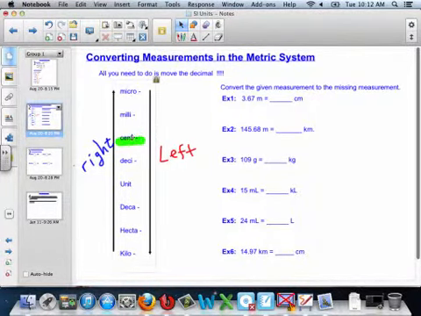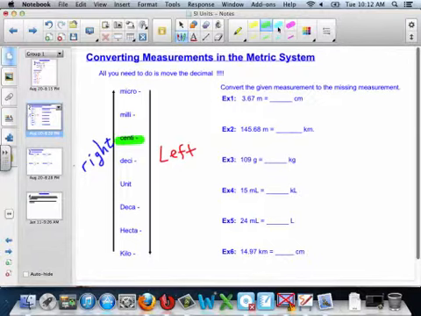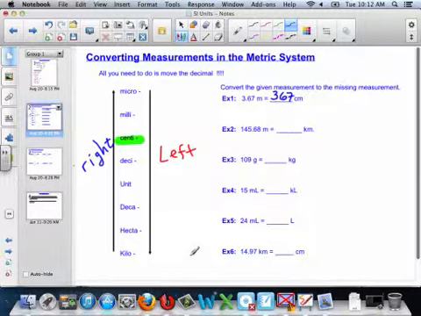If I'm going from a big value to a smaller value, which way do we move the decimal? To the right. Now the question is how far? All you have to do is count: 1, 2. That gives us 367 centimeters. Does that make sense for you guys? Do we have any questions on what direction we need to go and how far we need to move it?